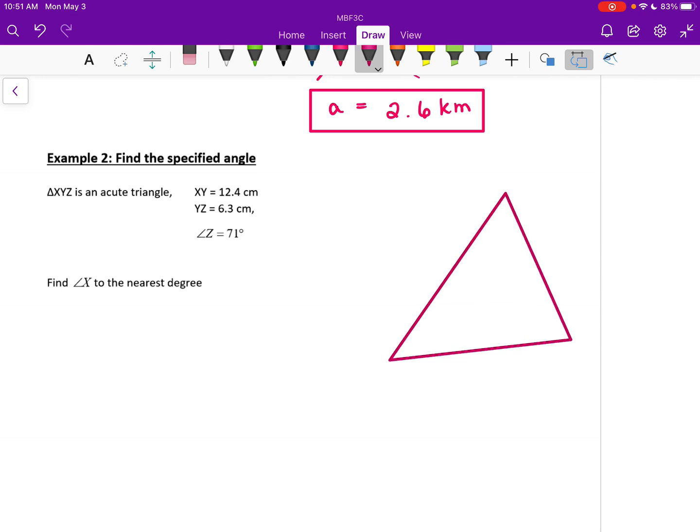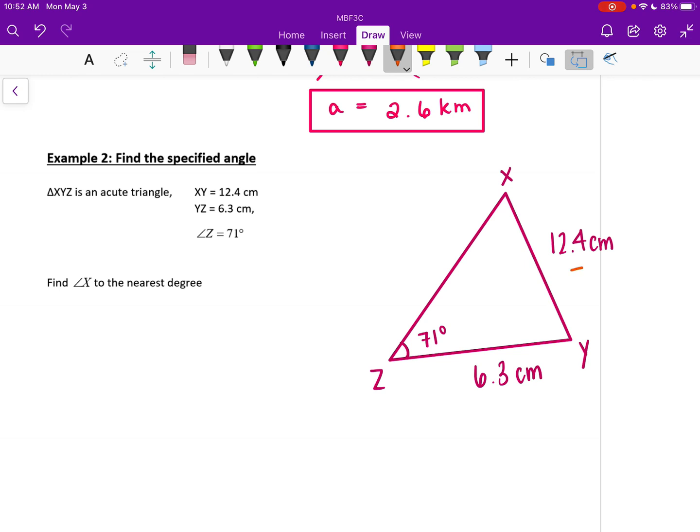It's going to be X, Y, Z, right? So I know X to Y is going to be 12.4 centimeters. I know that Y to Z is going to be 6.3 centimeters. And I know angle Z over here is 71 degrees.